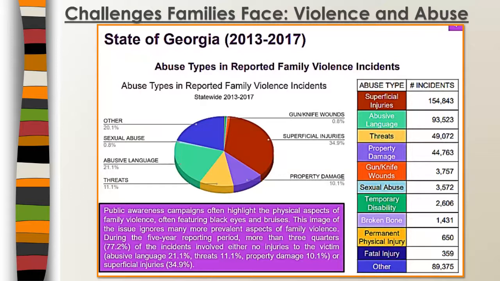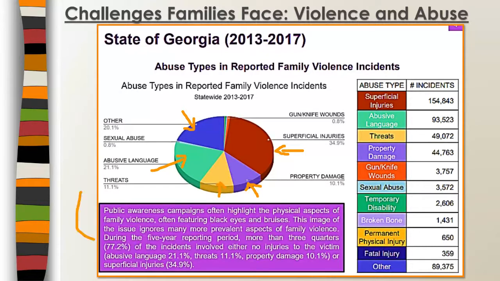Here we've got abuse types and reported family violence incidents. You can see what types of abuse are most common in Georgia. Certainly superficial injuries is a big one. Abusive language, a pretty large chunk over there. Other, which is not really well defined, property damage and threats over here as well.